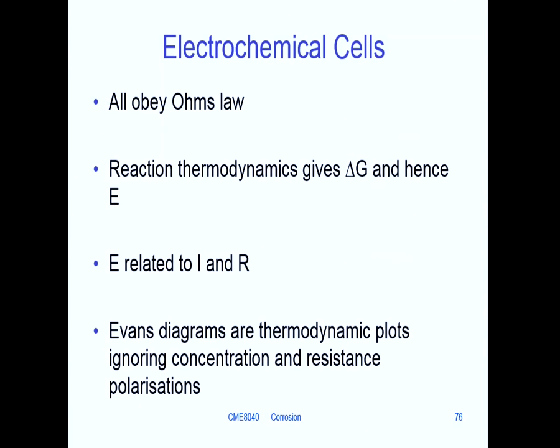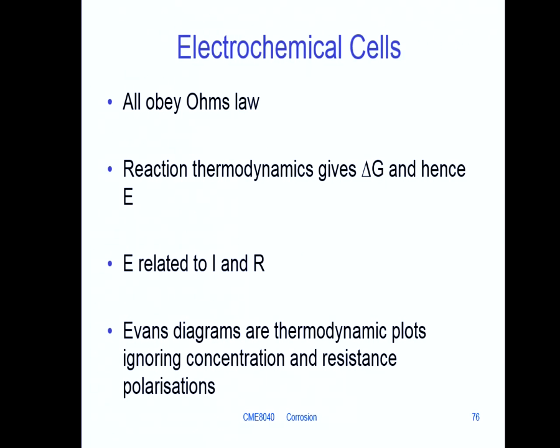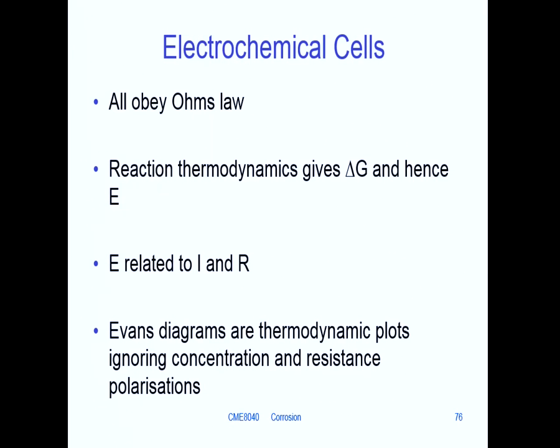So whatever reaction's going on, its Gibbs free energy is related to the potential that you see. And this is the basis of generating Evans diagrams, the thermodynamic information, without considering the impact of concentration polarization and resistance polarization.